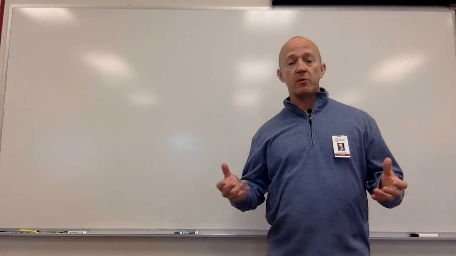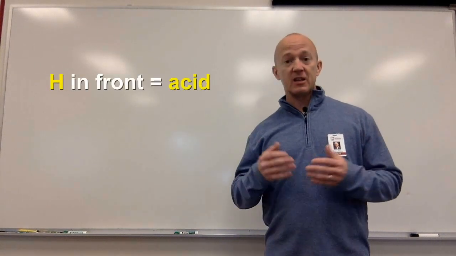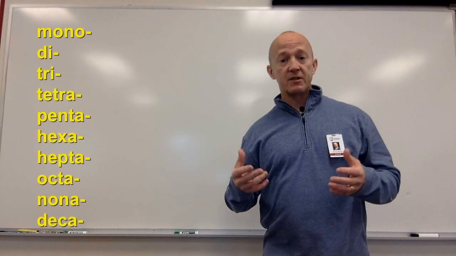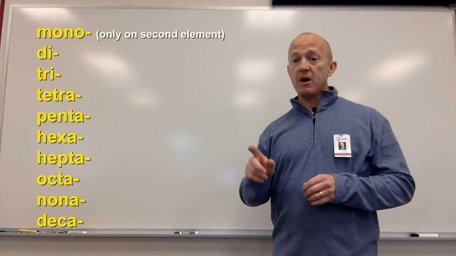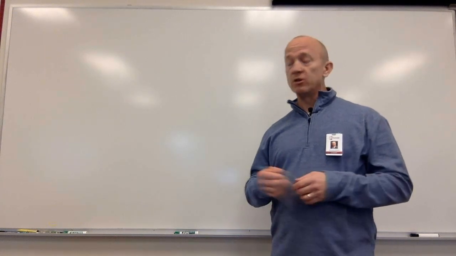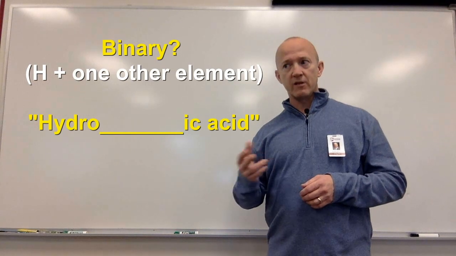So as we're looking at a formula, we first decide if it's an acid or not. If it has the H at the beginning, it's most likely an acid. But if it doesn't, we'll simply name it by using the prefixes as we did earlier in this video. Remembering that we only use the prefix mono on the second element, never on the first. If it is an acid, we look to see if it's a binary acid. Are there only 2 elements involved, one of them being hydrogen?